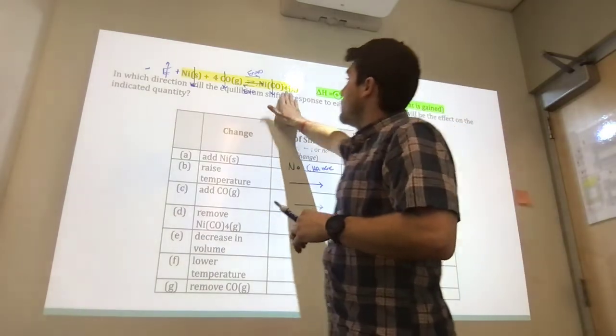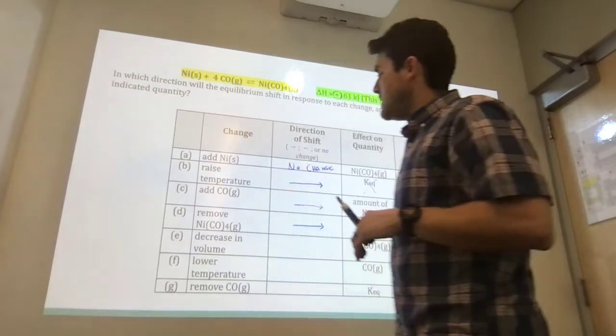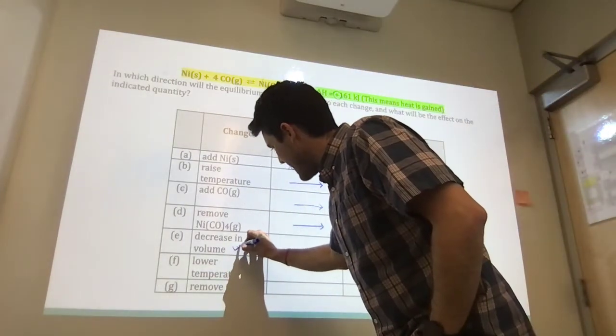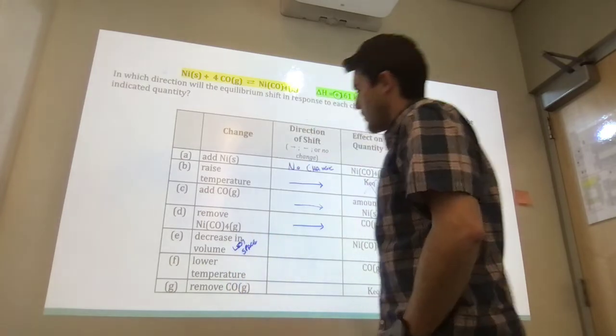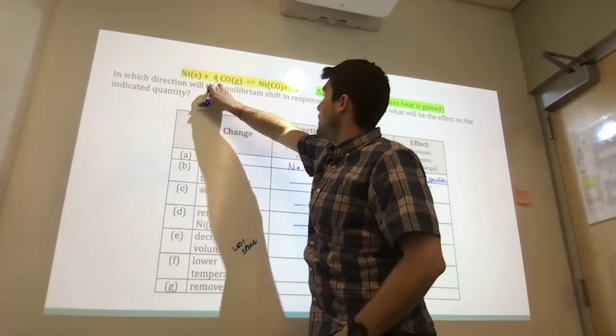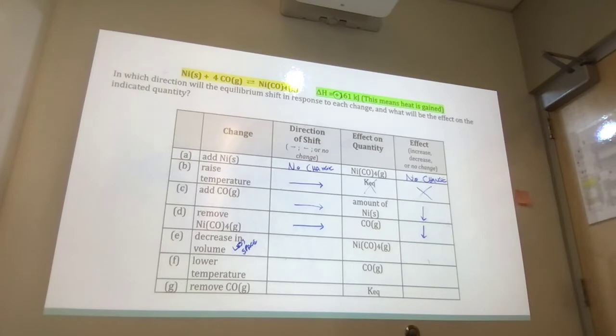Ooh, personal favorite. Now we're back to volume. We got a decrease in volume here, okay? A decrease in volume means there's going to be less space for gas particles to hang out. Well, let's count. I've got 4 gas particles over here. I've got 1 gas particle right there. If I create less space, the system shifts towards the side that takes up less space.